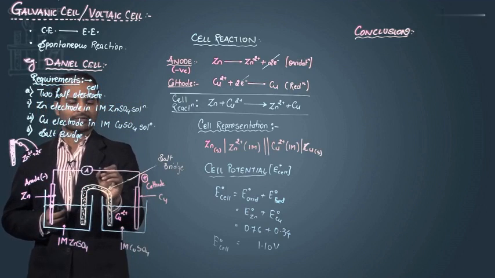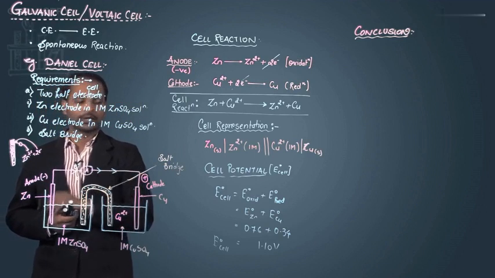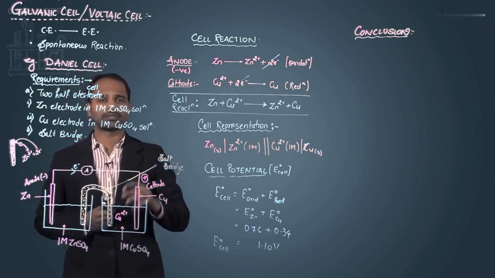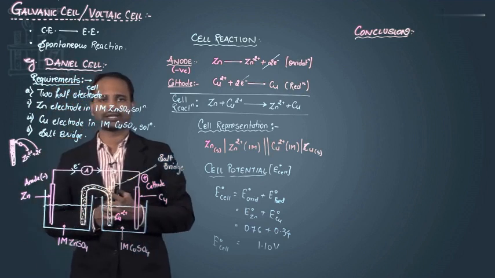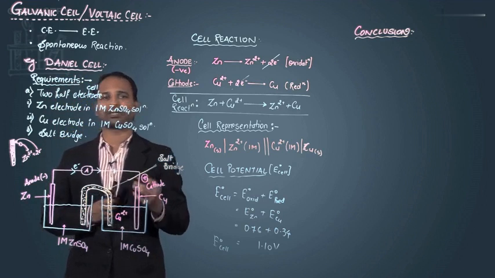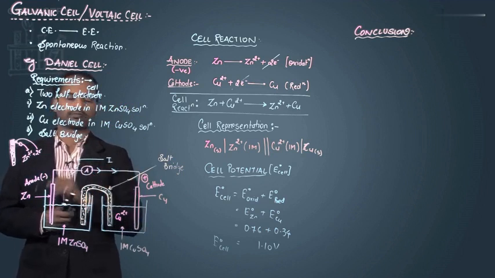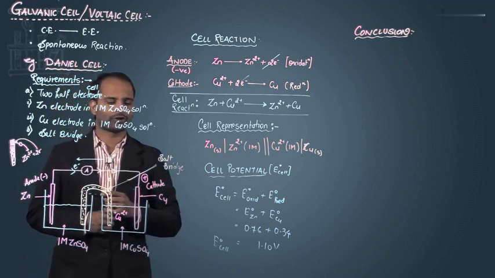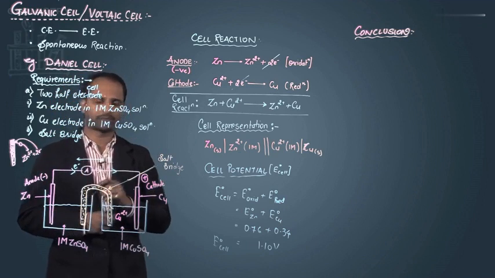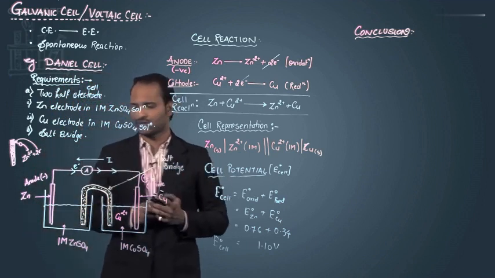This is the flow of electrons. If there is a flow of electrons, electricity will be generated, and the current always flows in the opposite direction. That means the current will flow from cathode to anode, always in the opposite direction.